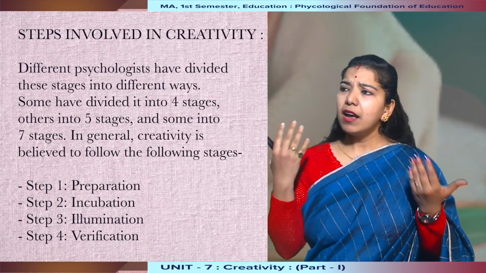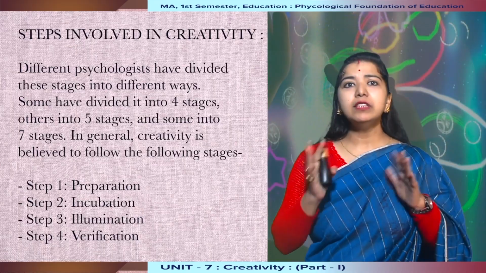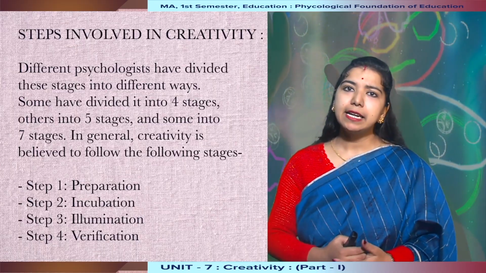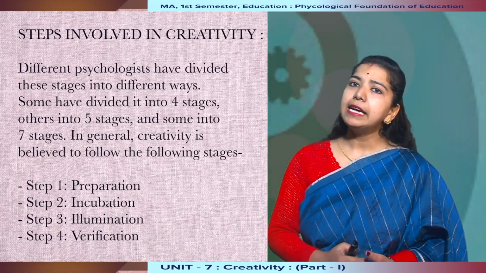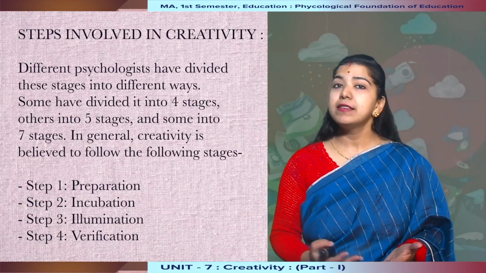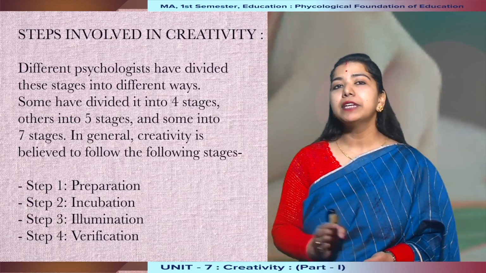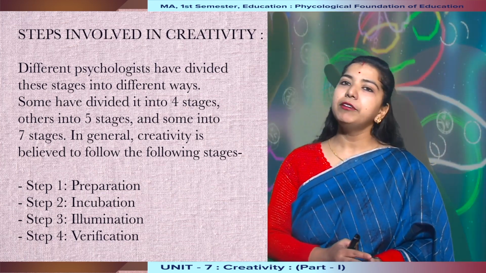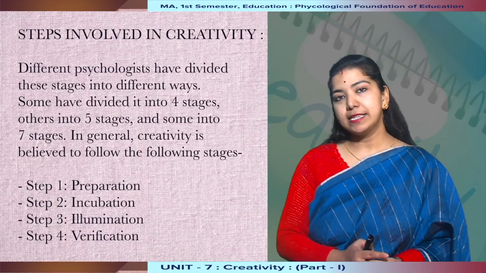It may be individual, but psychologists have divided it in some ways. Some have divided it into 4 stages, some into 5, and some into 7. So it differs from psychologist to psychologist. But in general view, creativity is believed to follow the following stages.